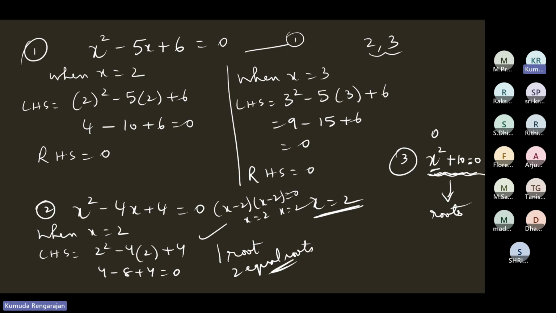No quadratic equation can have more than two roots. The maximum number of roots a quadratic equation can have is 2. It may not have any root at all, or it may have one root, that is 2 equal roots, or 2 different roots, 2 distinct roots.